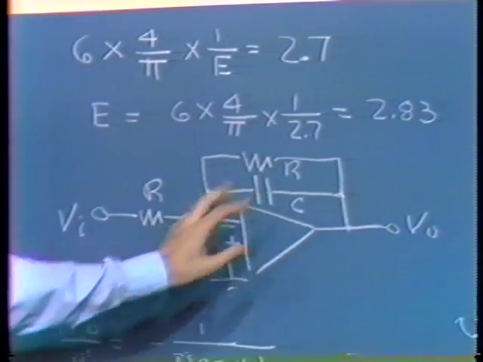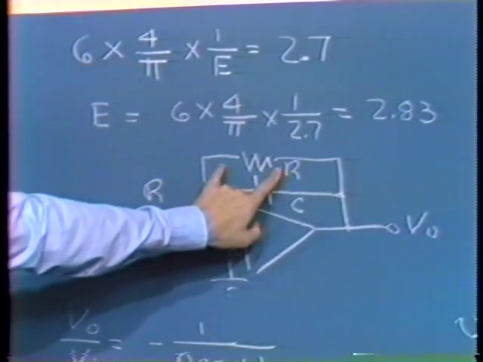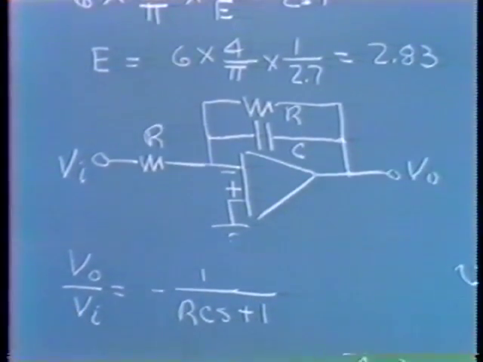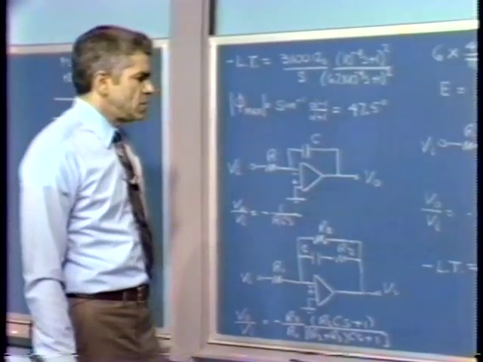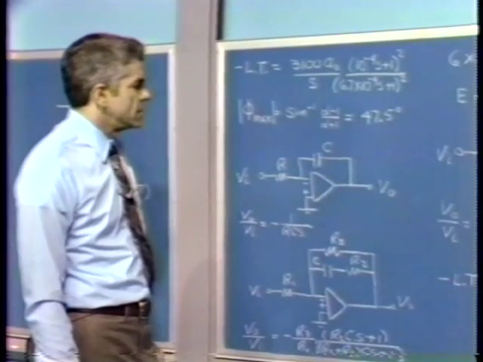When we have large signals, we can sort of argue in a describing function sense that this resistor is shunted across the capacitor. To the extent that that's true, if we had a linear system, we'd get a Vout over Vi that would simply be 1 over RCS plus 1. We've chosen RC to be 10 to the minus 4th seconds.